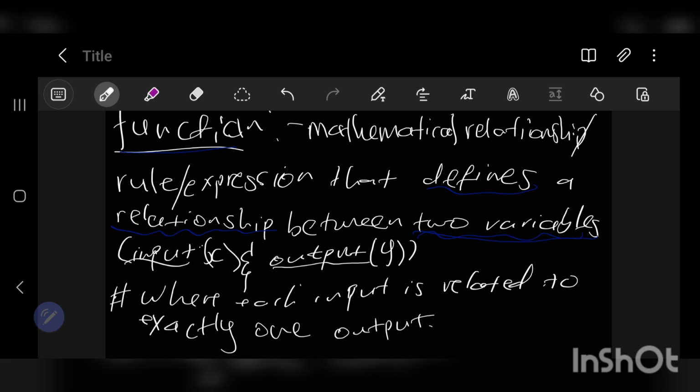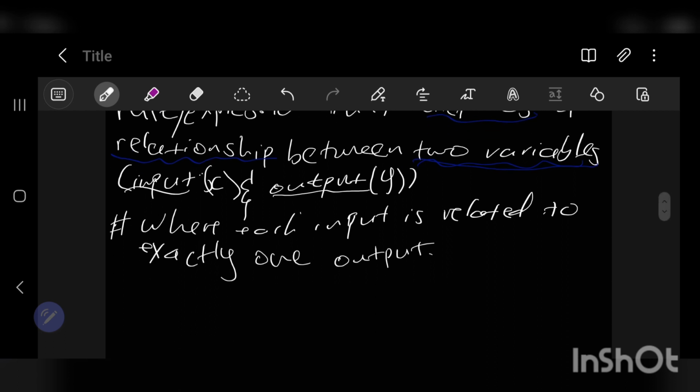Are you with me? But this definition is very generic, so we must note what makes the information you are given, or a graph, a function. It is where each input is related to exactly one output.